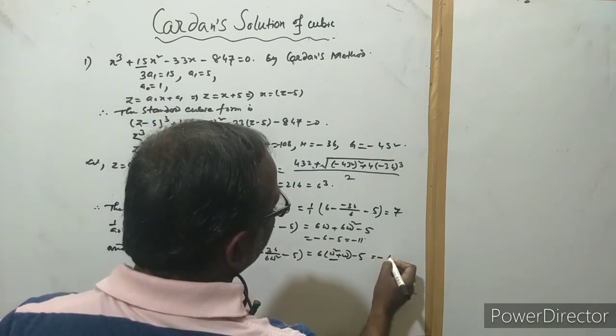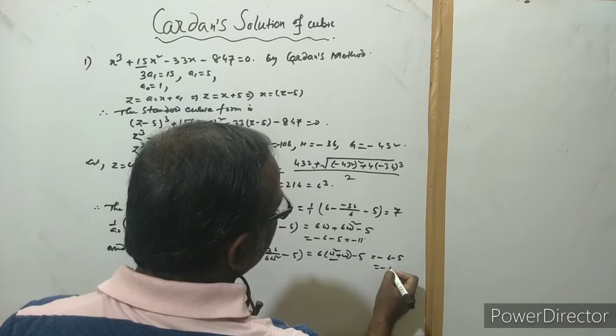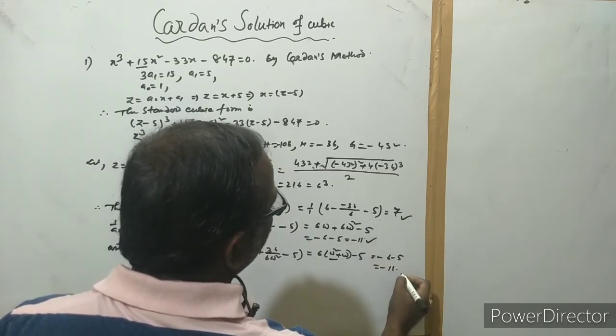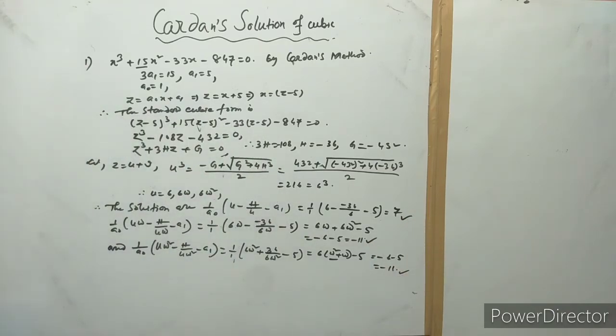So we also get minus 6 minus 5, that is minus 11. So 7, minus 11 and minus 11 are the solutions of x of the given cubic.